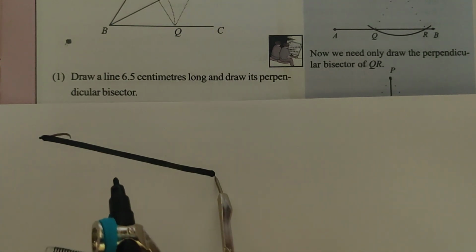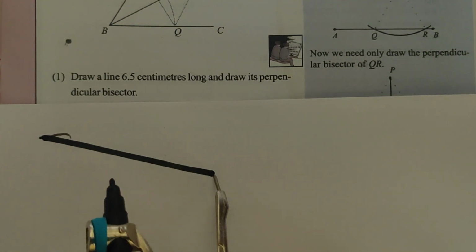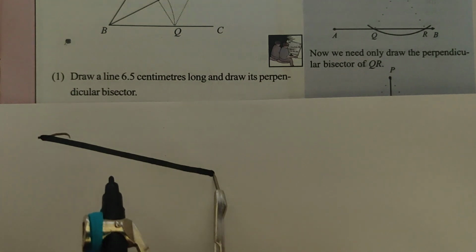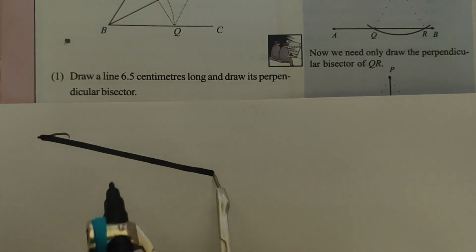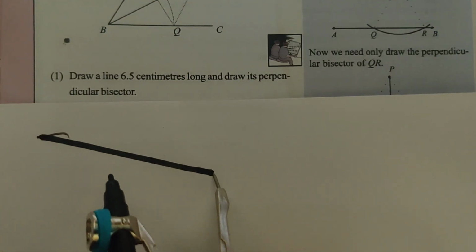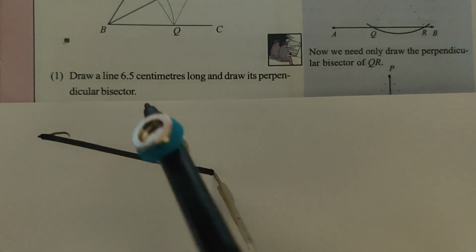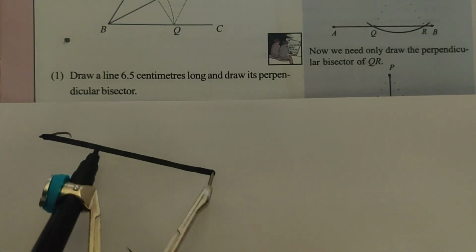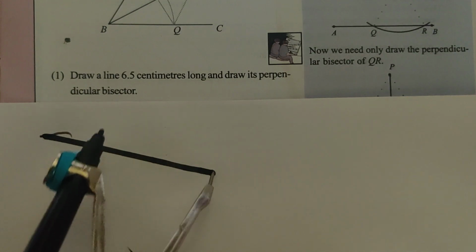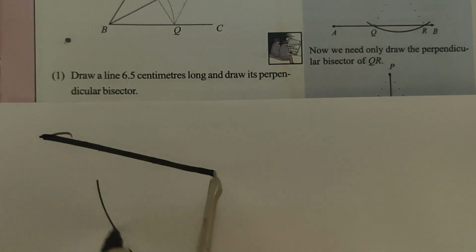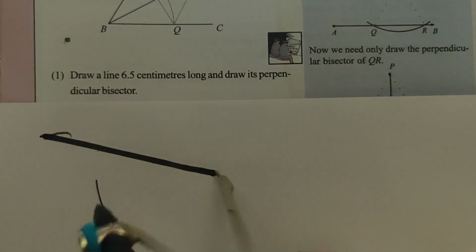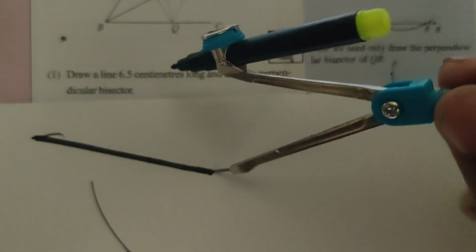Then we want to prepare a perpendicular bisector. First of all, please take this end point and take a distance more than half of the length of this line, and construct an arc here, and construct an arc here also.